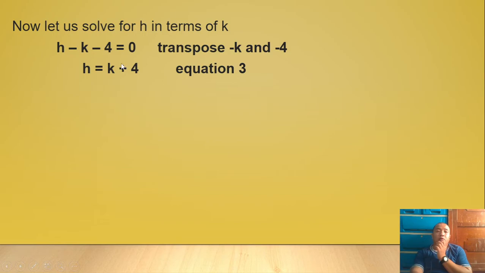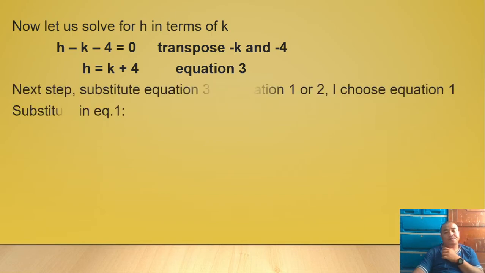So from the equation h minus k minus 4 equals 0, we want to solve for h, then it becomes k plus 4. And that is now our equation 3. You can also solve for k if you want. Pag k naman sinolve mo, h minus 4. K equals h minus 4. Pero isa lang dapat, no? So just choose one. So h equals k plus 4. This is our equation 3.